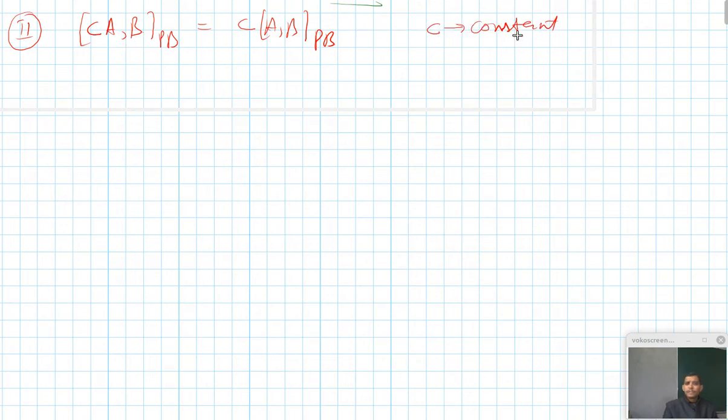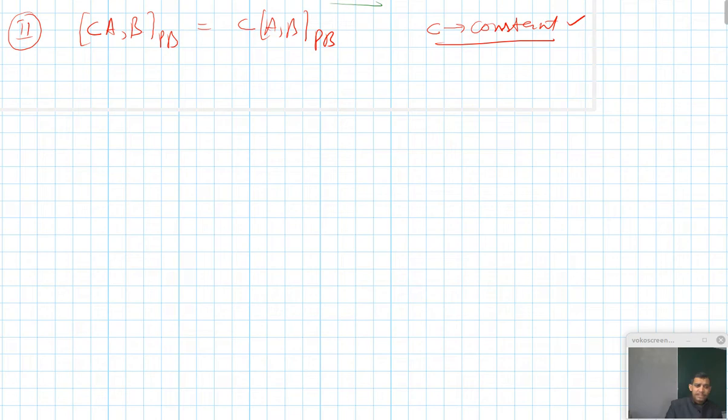The Poisson bracket of CA and B must be equal to C times the Poisson bracket of A and B. Here the C which I have taken is a constant. Let us try to prove it.